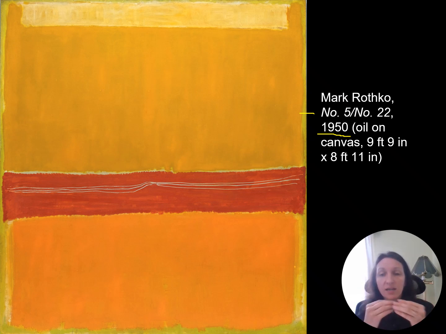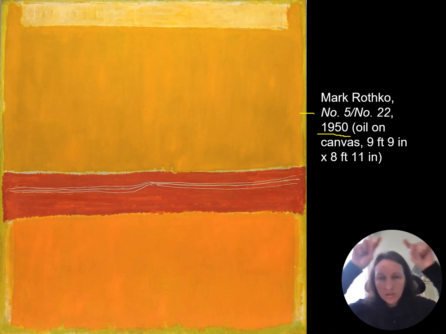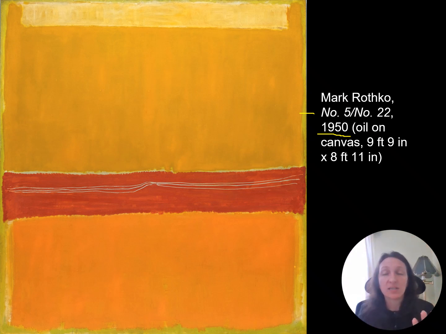So the idea is that you and I, no matter where we are in the world, are looking at this artwork and seeing the same thing. We're all seeing this orange, red, a light yellowy orange, and then almost a white yellowy top right there, right? We're all having the same experience.